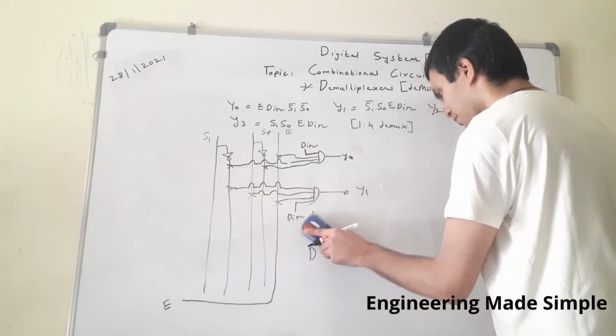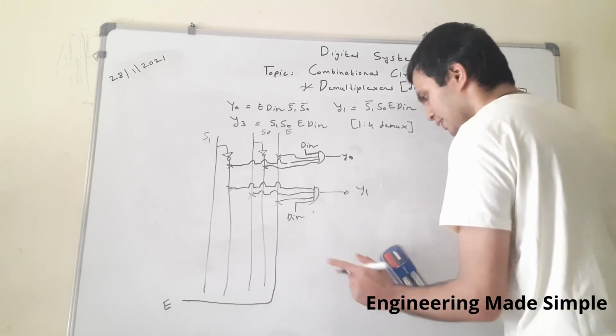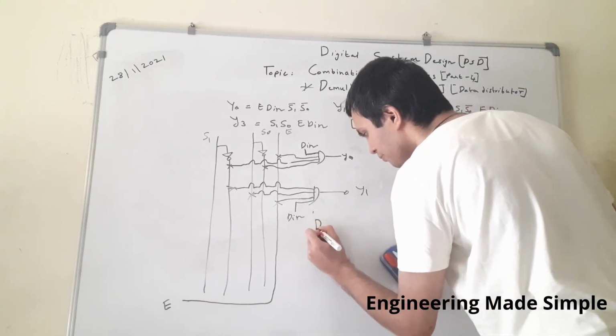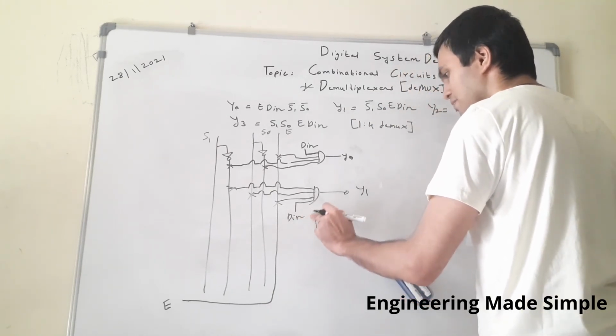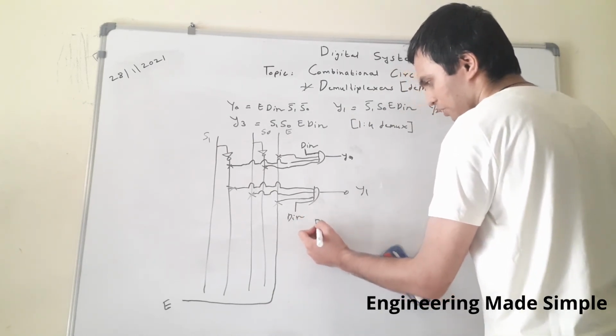For D_in you can apply either logic 0 or logic 1. That is pretty much clear from the truth table and now from the diagram also.